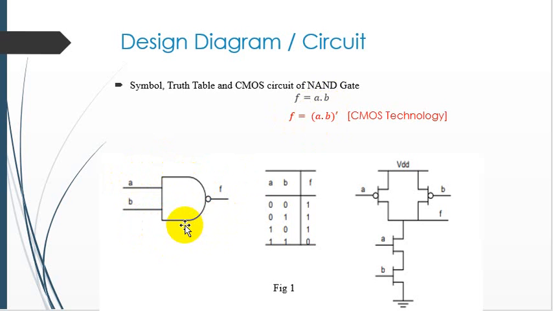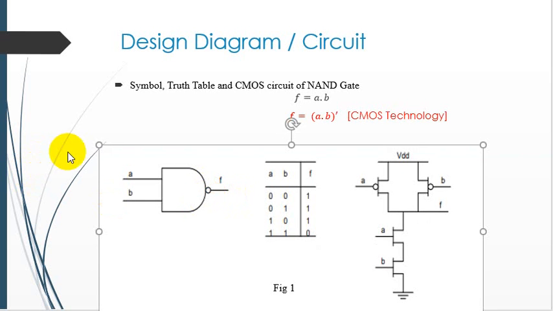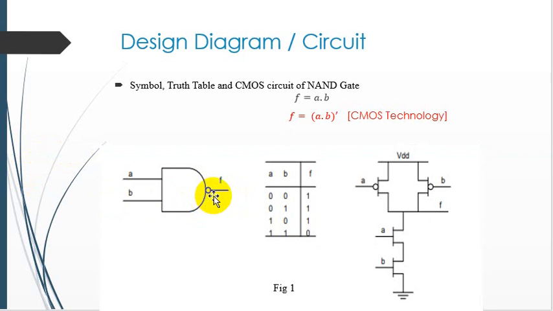If we are going to work on the two-input NAND gate, then we have two inputs A and B, and at the end we will get the output in the form of F. Here is a bubble that indicates that it's not the AND gate, it's a NAND gate. It means that the result of the AND gate will be inverted after passing through this bubble.